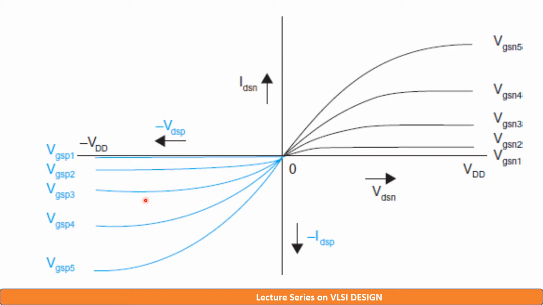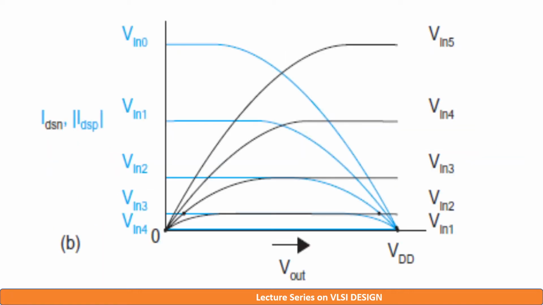PMOS threshold voltage is always negative, so the characteristics lie in the third quadrant. As you increase VDS, initially current increases. Once the channel gets pinched off, the current remains constant. That is, IDS is independent of VDS. Same applies for the PMOS device.